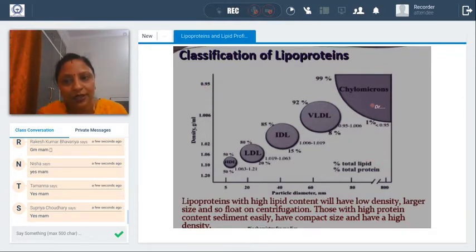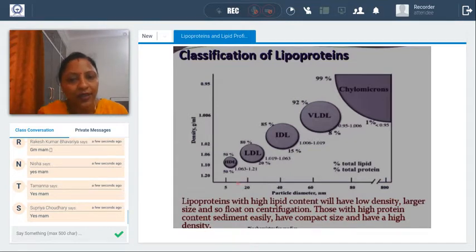You can see here this is largest in size, and those with high protein content like HDL sediment easily, have compact size, are smaller, and have a high density. So is it clear to all of you? By this slide, you can easily classify these lipoproteins in various categories like HDL, LDL, IDL, VLDL, and chylomicrons.